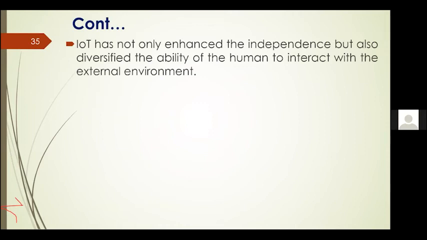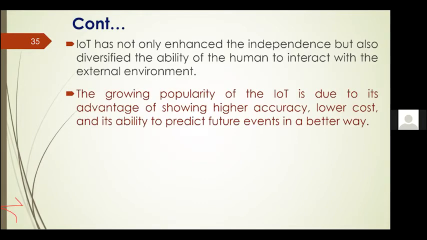IoT has not only enhanced independence but also diversified the ability of humans to interact with the external environment. The growing popularity of IoT is due to its advantages of higher accuracy, lower cost, and its ability to predict future events in a better way.